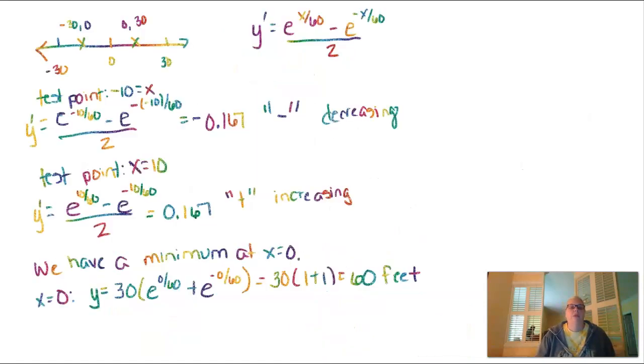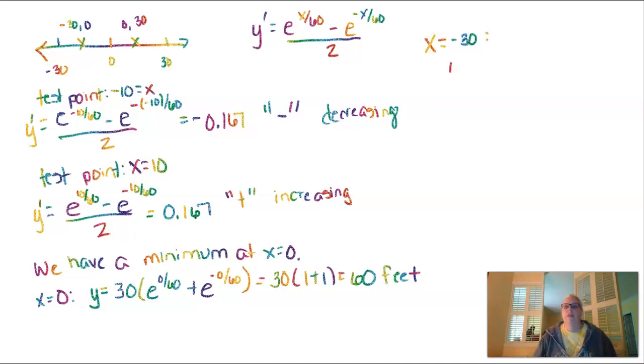In my original function there, I am going to replace x with negative 30, and we're going to see how tall that, or how far up that wire goes.